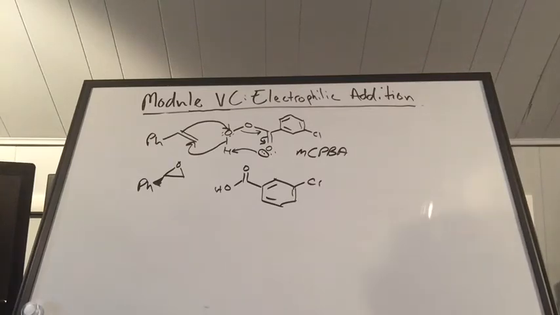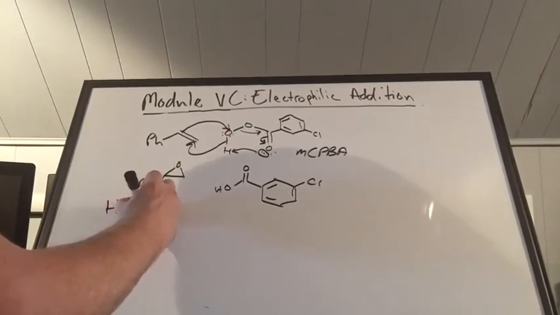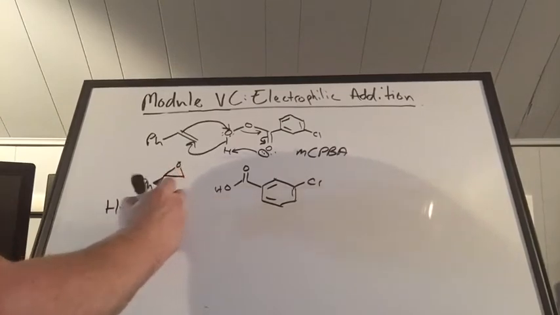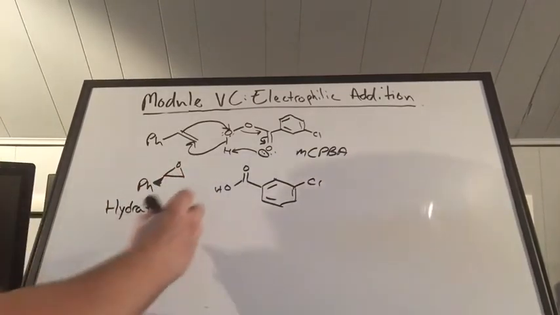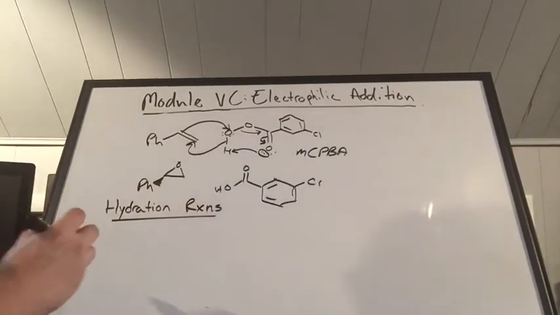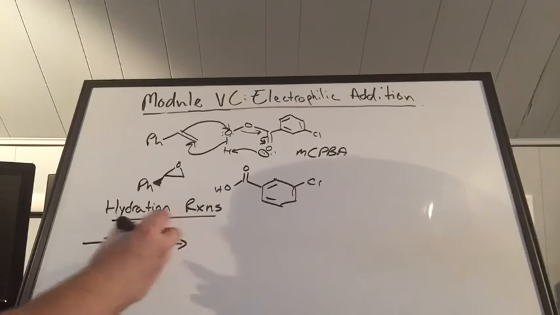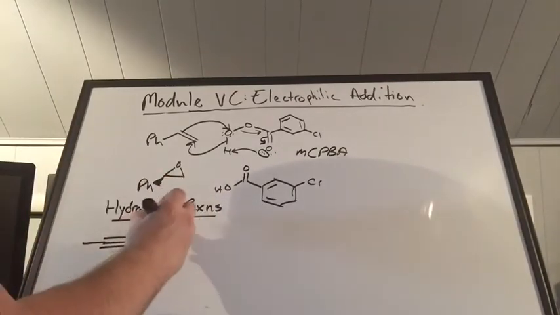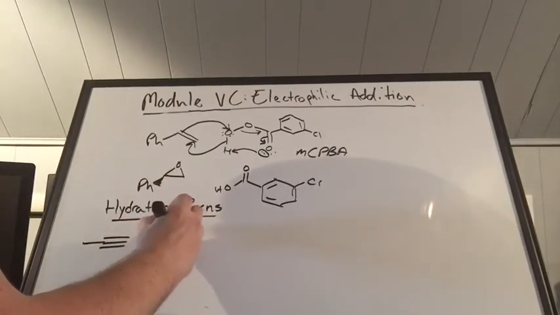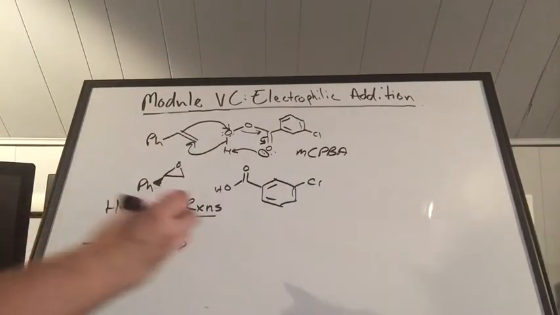The last thing we're going to go over today is hydrations. So hydrations of alkenes and alkynes. Okay, so the first we're going to look over is, say with an alkyne, we treat this with water and acid, H2SO4, what have you.